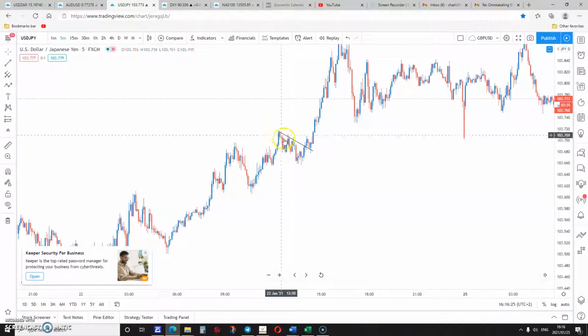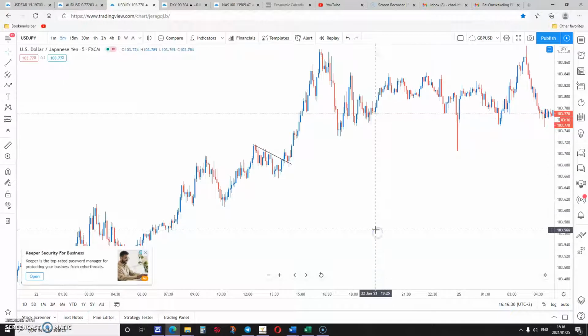So you have classic 1, 2, 3, break, retest to the upside.